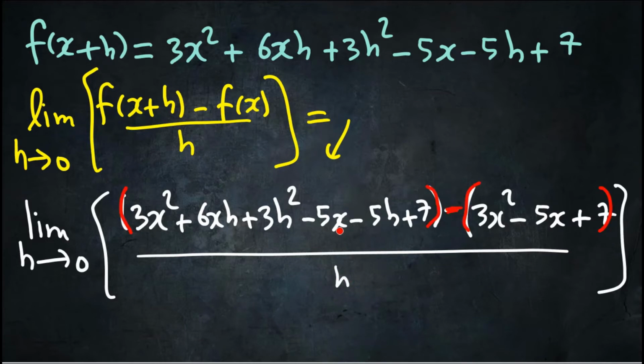Now it's time for cancellation. 3x squared minus 3x squared, they cancel.